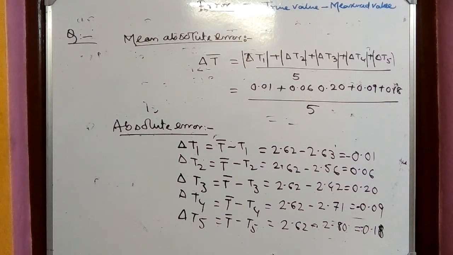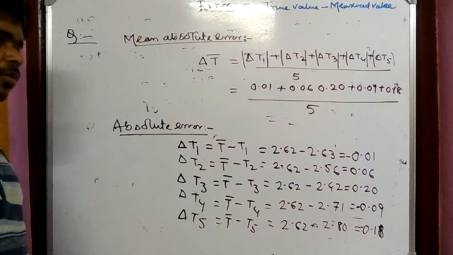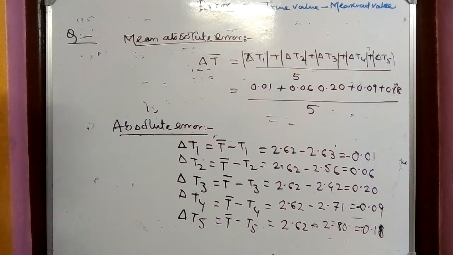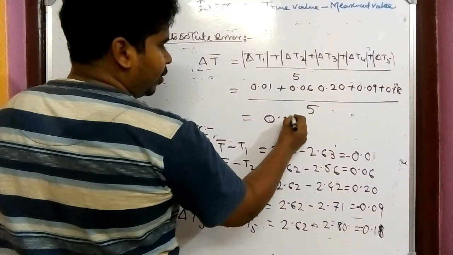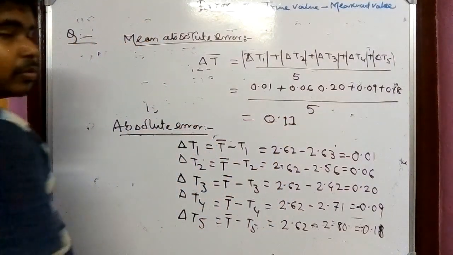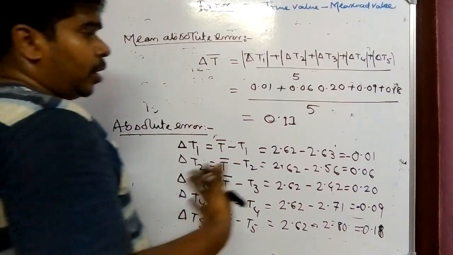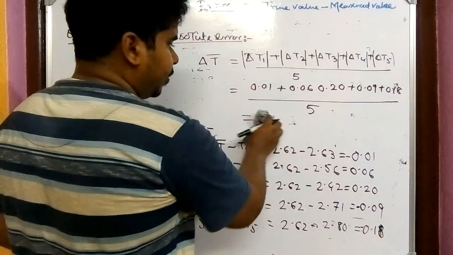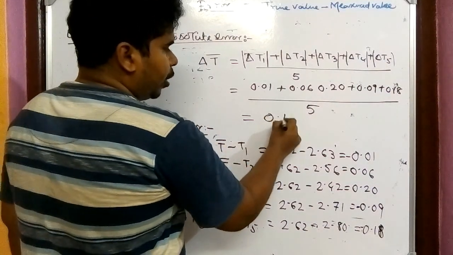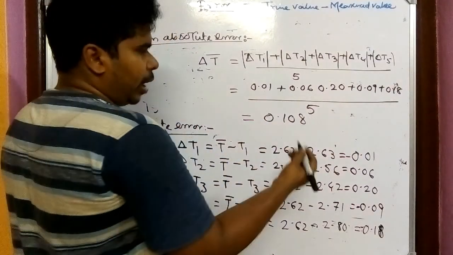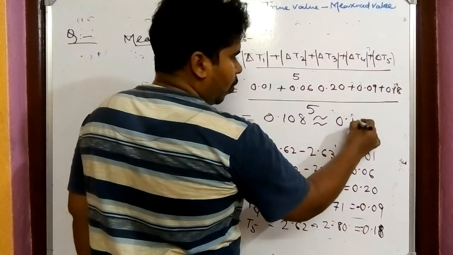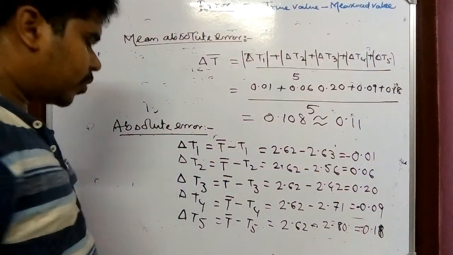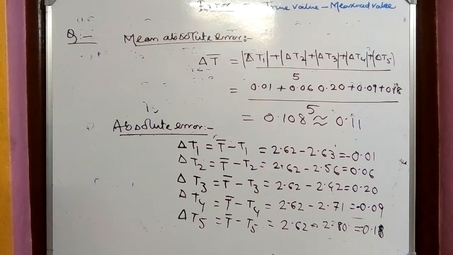That average I have also done earlier, otherwise it is a little difficult for me to do, and it is coming 0.11. It is also a rounded-off value. Actually it is coming 0.108, but rounding off to two digits we get 0.11, so that our value is a little more accurate.